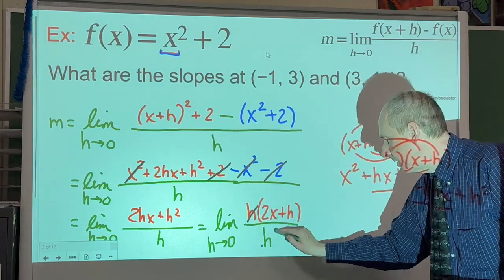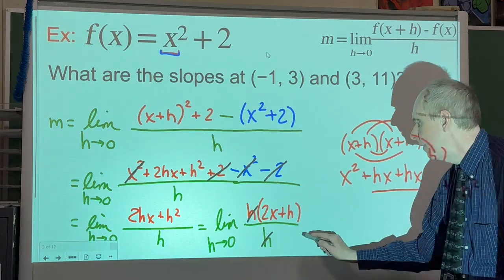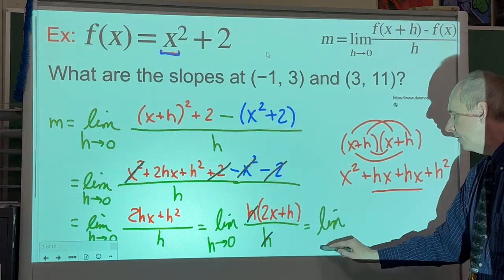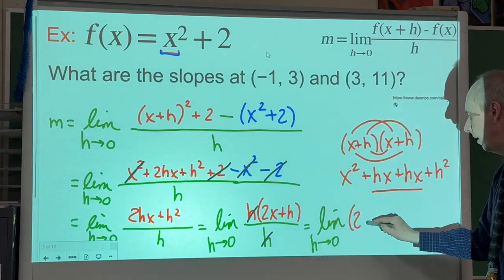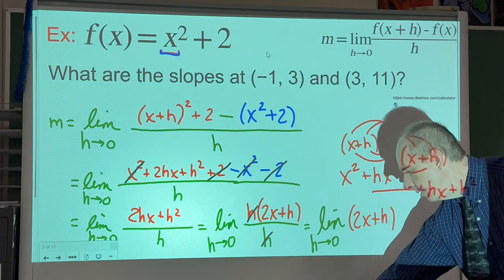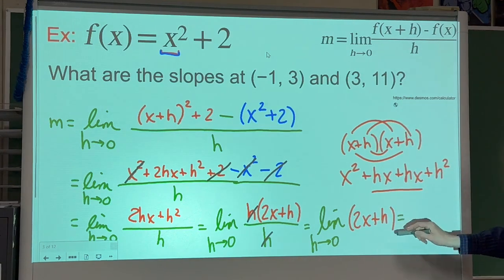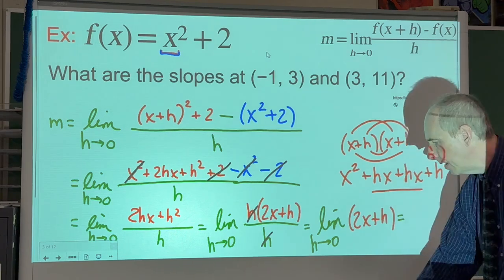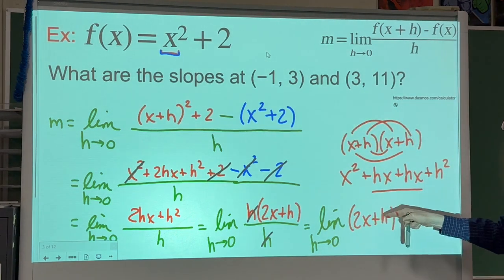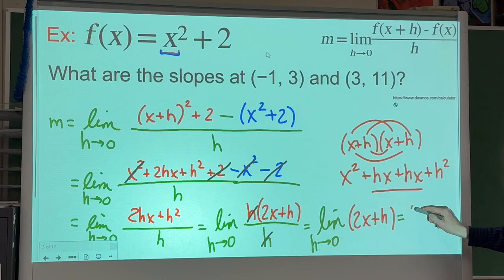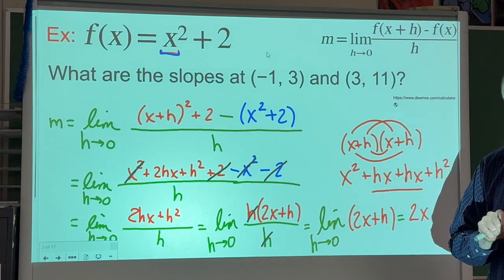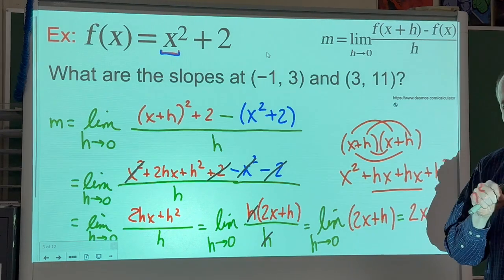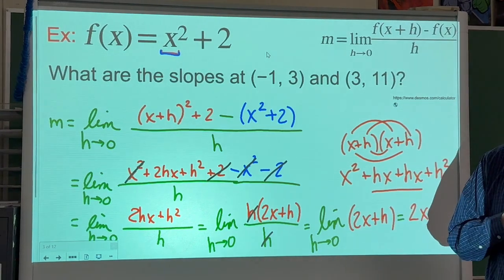Your h's cancel. So the limit as h approaches 0 of 2x plus h, we are now ready to substitute in 0 for h. So 2x plus 0 is 2x. Our slope at any point is 2x.